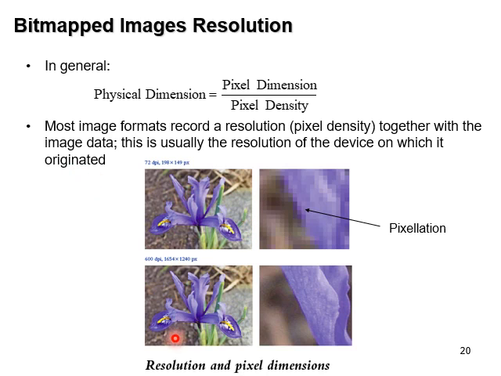Here we have two images. They look like they are images of the same scene. However, this one was taken with a device that has 72 dots per inch resolution, while this one was taken with a device that has 600 dots per inch resolution. Okay.